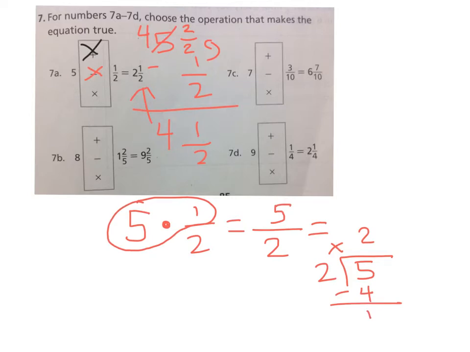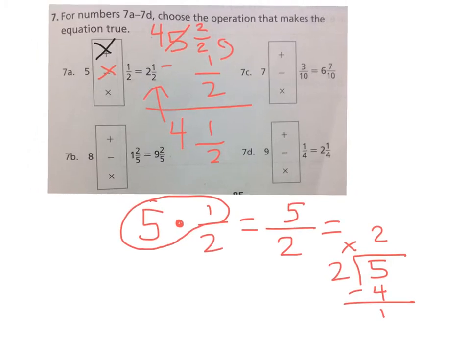So your remainder is 1, and your answer is 2, and your remainder is 1 over 2, because we know the denominator is 2. So your correct operation is 5 multiplied by 1/2. It will equal 2 and 1/2.